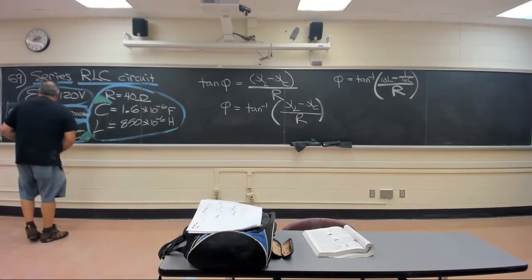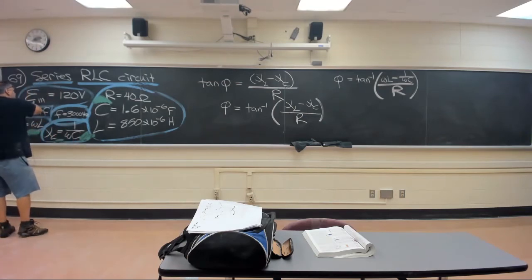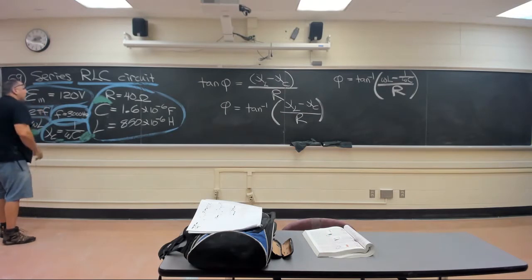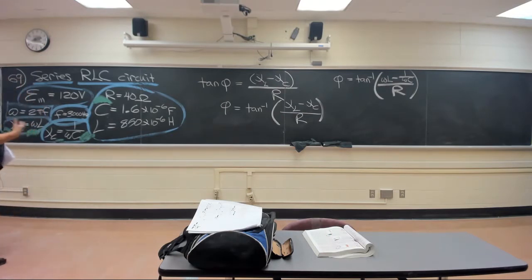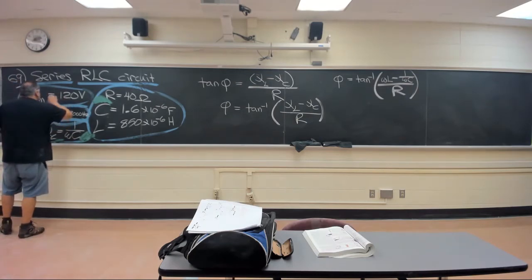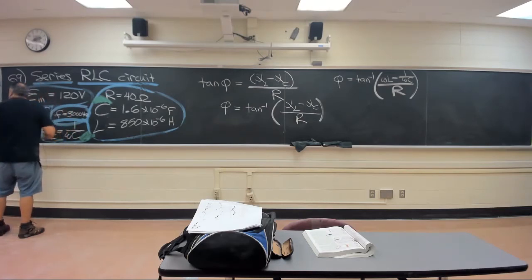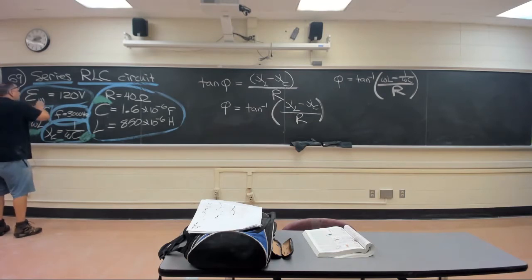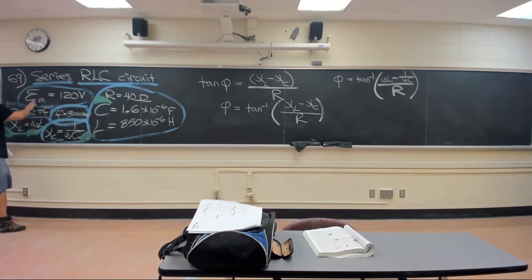We're given the amplitude of the EMF in this RLC circuit, where alternating current is taking place. E sub m, the maximum voltage that we're going to have in this circuit, the amplitude of the EMF, is 120 volts.